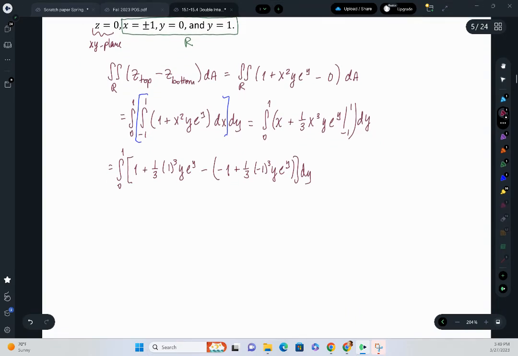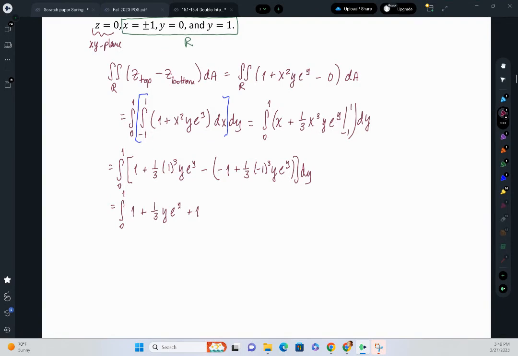So I always write everything out because, as we've seen in class, arithmetic is really, really hard. And it's so easy to make mistakes, especially if you don't see them. So I'm going to write this out again. The integral from 0 to 1 of 1 plus 1/3 y e to the y. Distributing the negative, I get plus 1. In the second term, that -1 cubed gives me a minus sign.